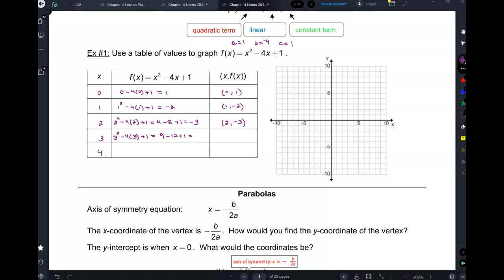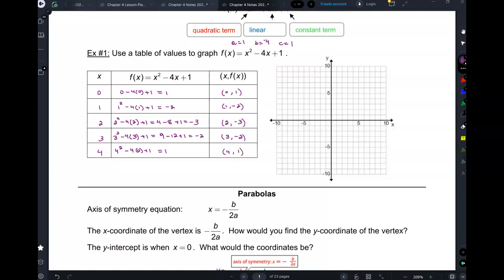How much would that equal? -2. So (3, -2). The last one: 4 squared minus 4 times 4 plus 1. It's 1. So (4, 1). So these are the points.